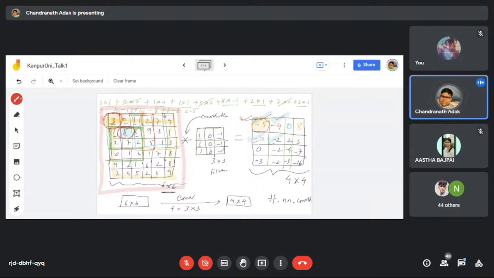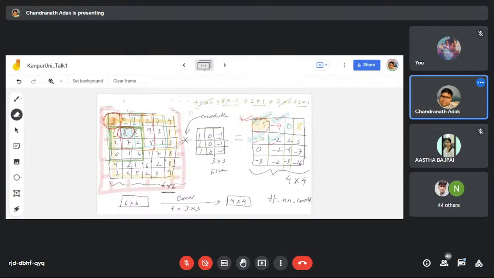If we add some zero values or one values, anything, we are extending the boundary so that this 3 can be used more than once, or multiple times. This is optional. You can use it or not based on your application.